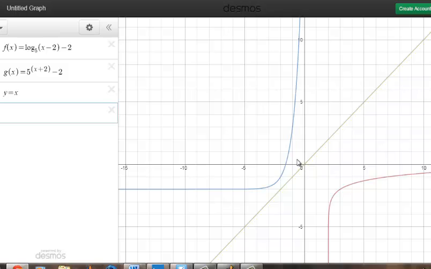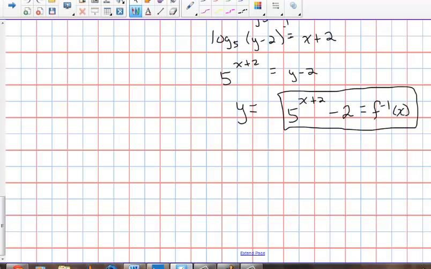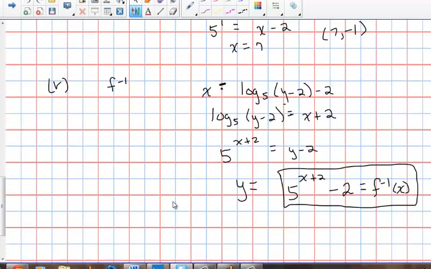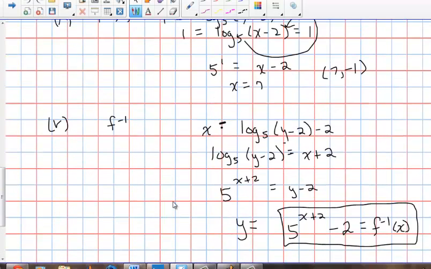This should be negative 1, 3, 3, negative 1. Did I do something wrong here? 5 to the x plus 2 minus 2. Okay, so we have log base 5 of x minus 2, minus 2. Add 2 to both sides.